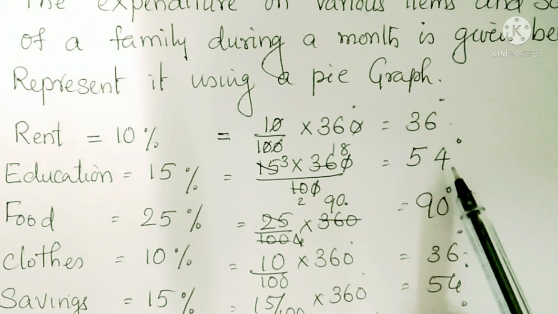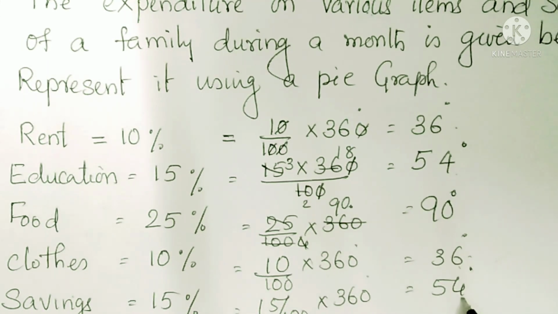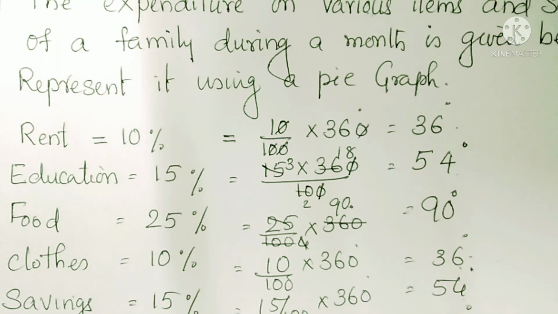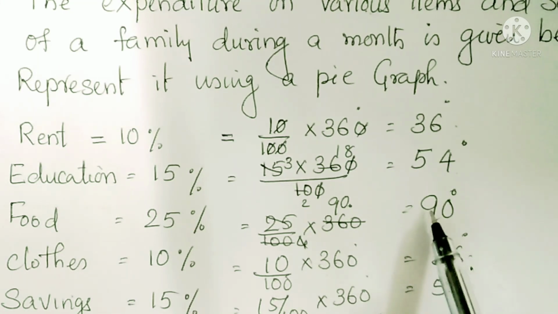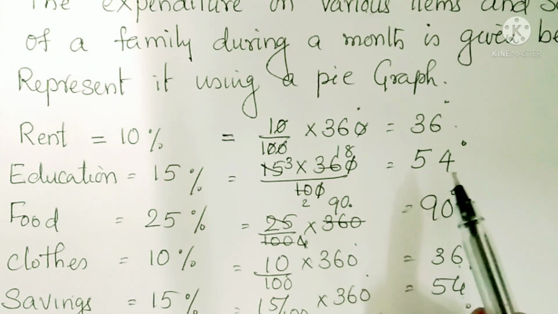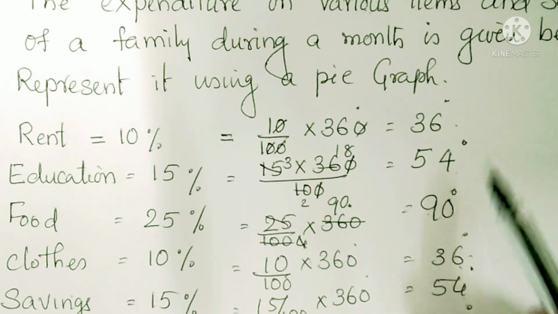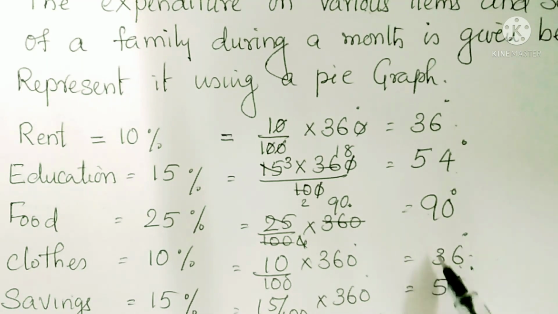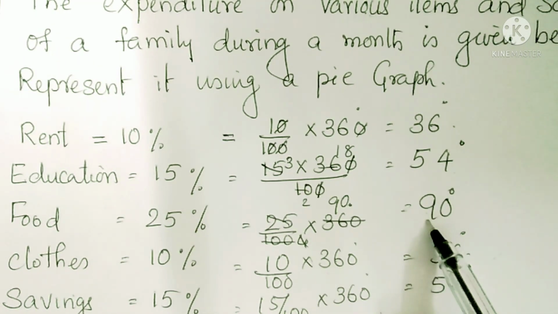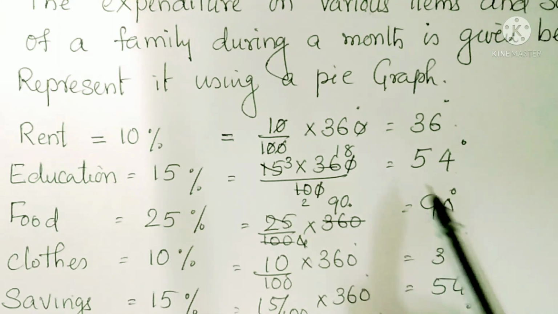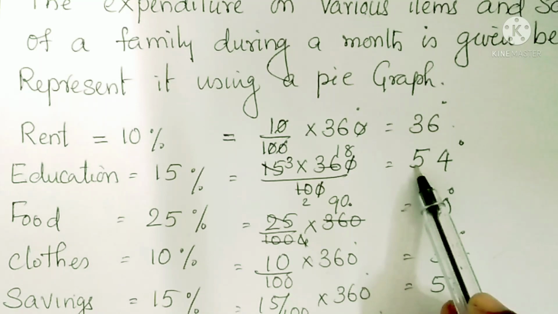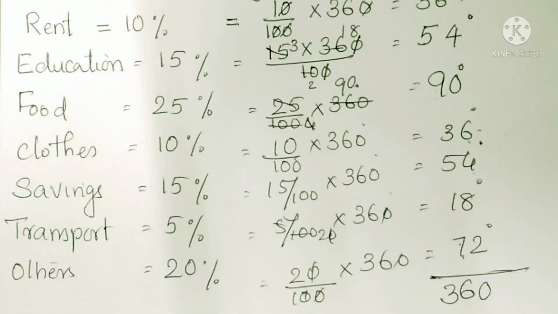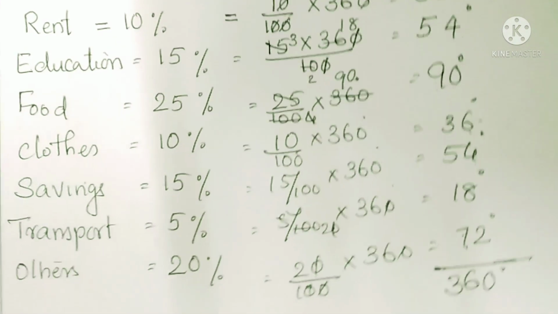Check it. 36 plus 54, 90, plus 90, 180, plus 36, 216, plus 54, 270, plus 18, 288, plus 72, 360. Okay, so we got 360 degrees. So, our calculation is correct.